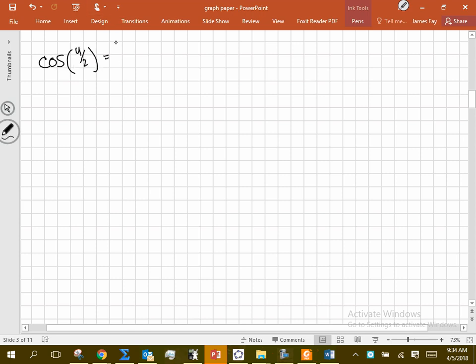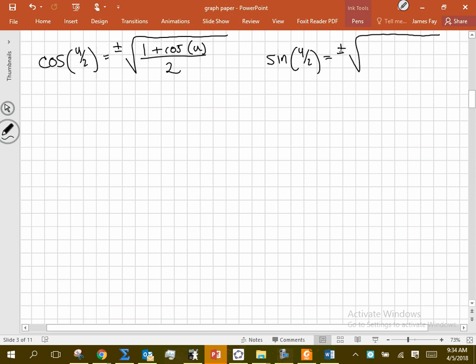Cosine of U over 2 is plus or minus the square root of 1 plus cosine of U all over 2. And then we said sine of U over 2 is equal to plus or minus the square root of 1 minus cosine of U over 2. Okay. You just have to be cautious of those.